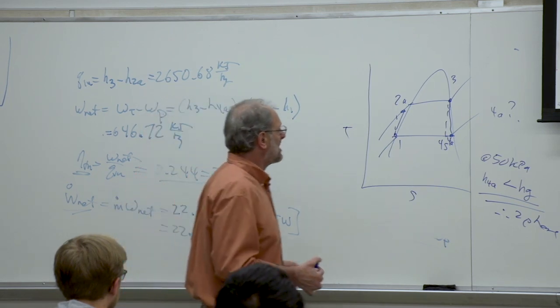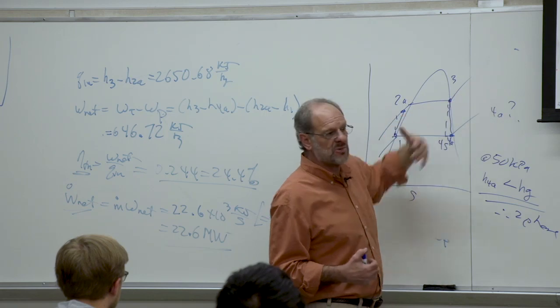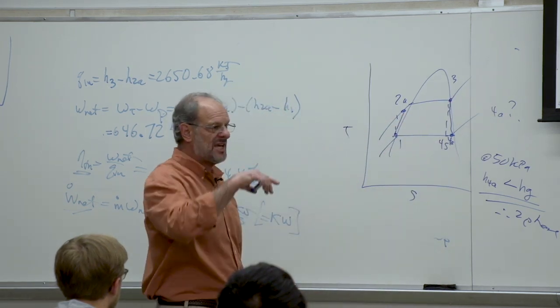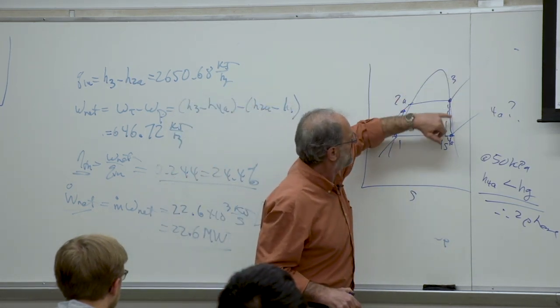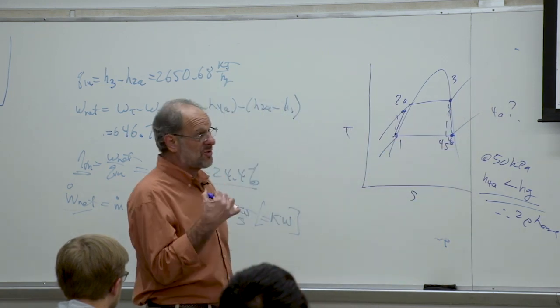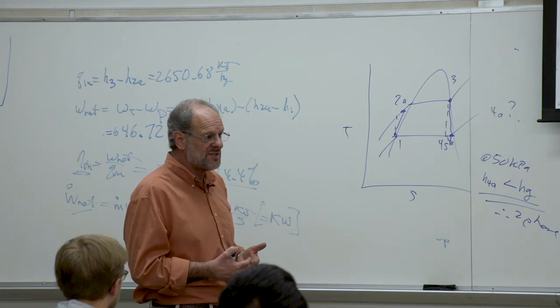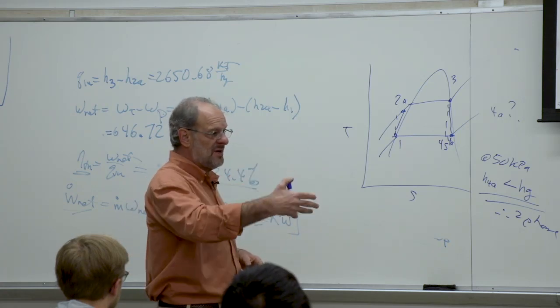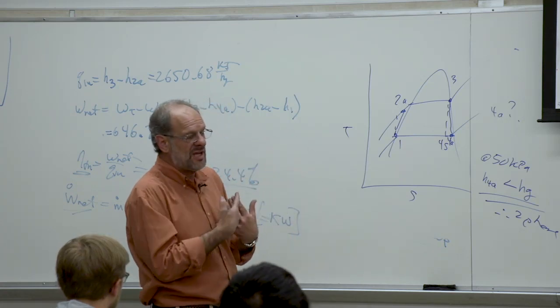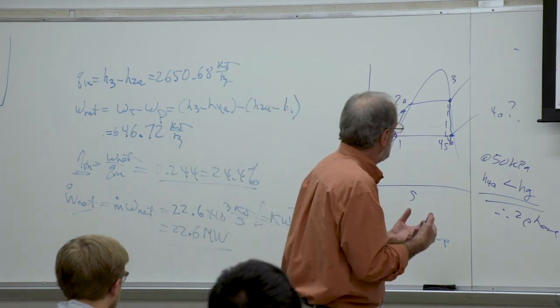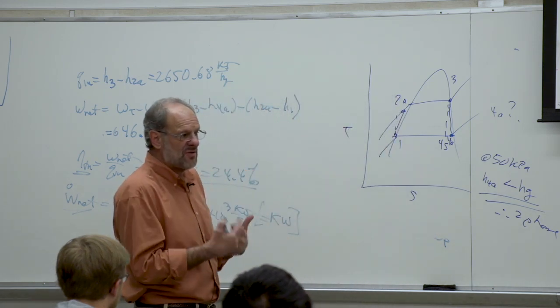And it turns out that if we compare the extra work produced by working in stages to the extra heat required during the reheat process, this should actually improve the thermodynamic efficiency. In other words, the net work attributable to this process of reheat is going to be more significant than the amount of heat transfer.